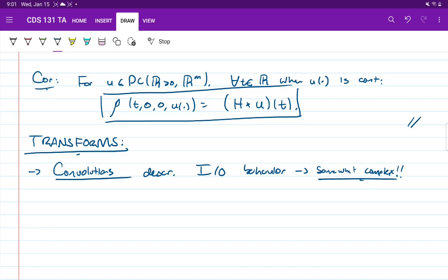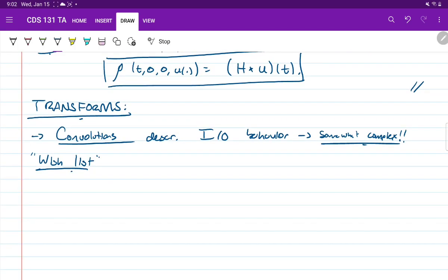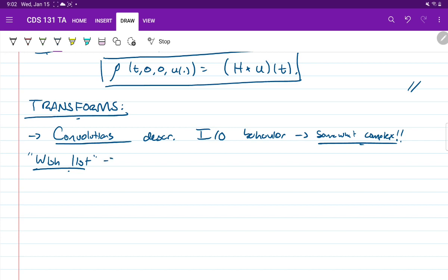So let's lay out an ideal wish list, things that we wish we were able to do with our systems, for how we wish we could perform analysis. I'll just focus on the continuous time case here for the sake of brevity.